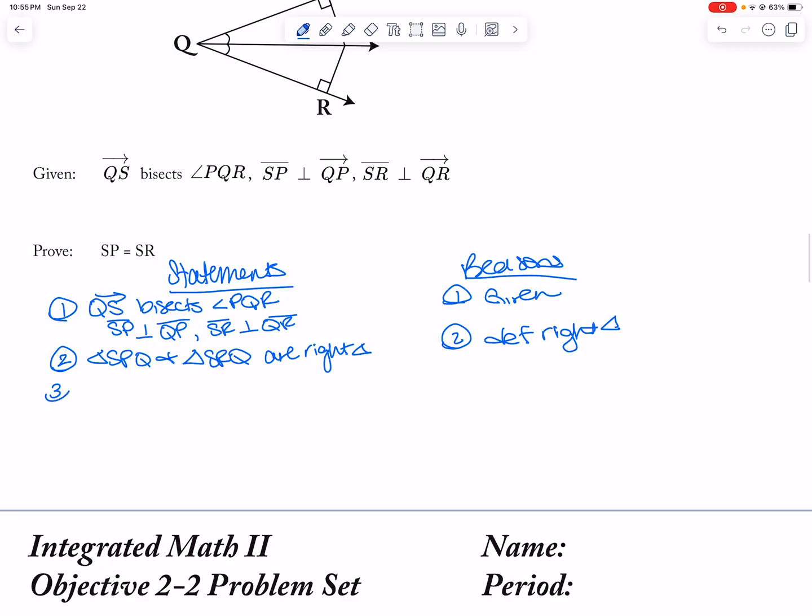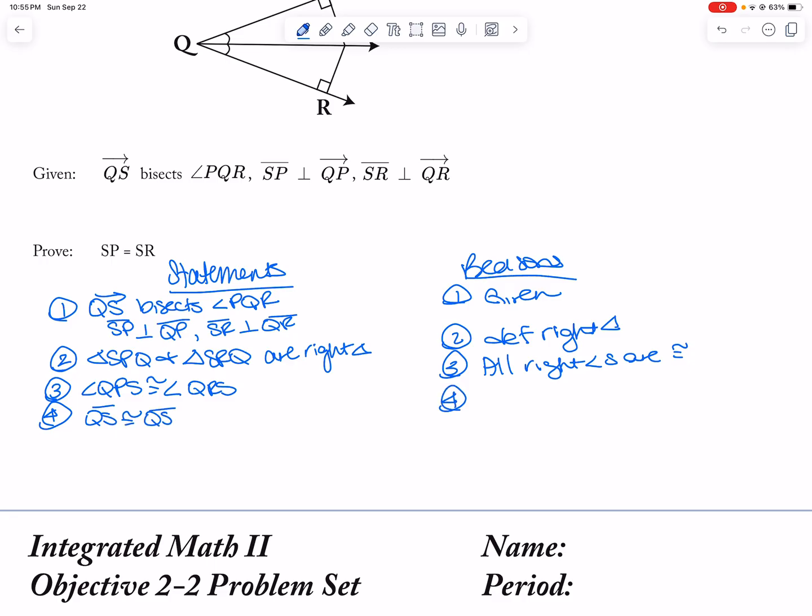Okay, and then 3 is angle QPS is congruent to angle QRS, and all right angles are congruent. And then 4, QS is congruent to itself, and that is reflexive.